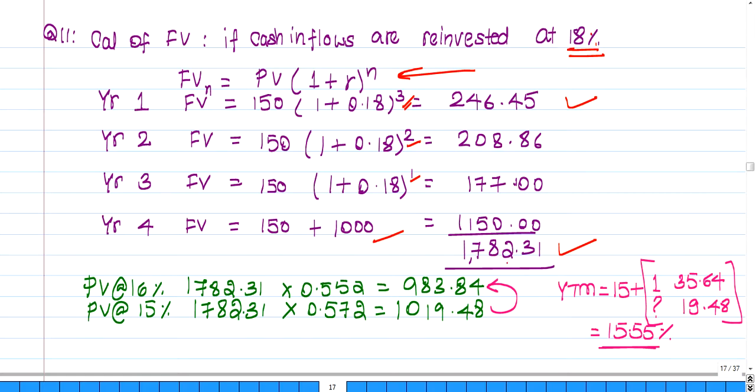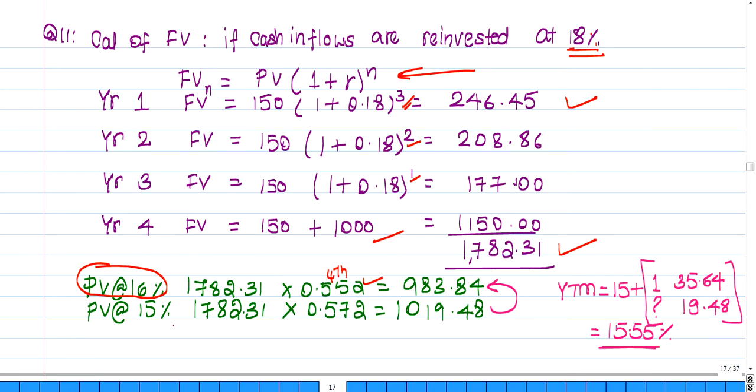Okay. If you do present value, discounting factor at 16% at the fourth year, right? We need to calculate the fourth year. So 1.16, divided by 1, 2, 3, 4, 0.552, you will get for the fourth year 983.84.